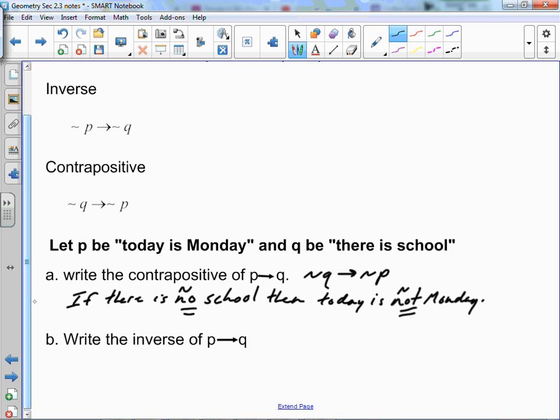All right, so then the inverse of if P then Q, inverse would be if not P, then not Q. So basically it's taking what we just wrote for the contrapositive and we're flipping it around.